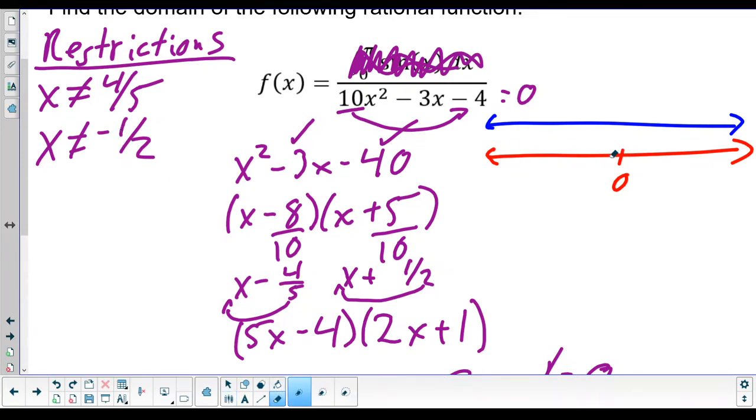So negative 1/2, we'll go left a half. Sure, that's a half. And then we will put the hole. This is negative 1/2. And then positive 4/5, that's almost 1. So let's see, that's a half, almost 1. Right there. Wonderful. There's our other hole in our domain at 4/5.